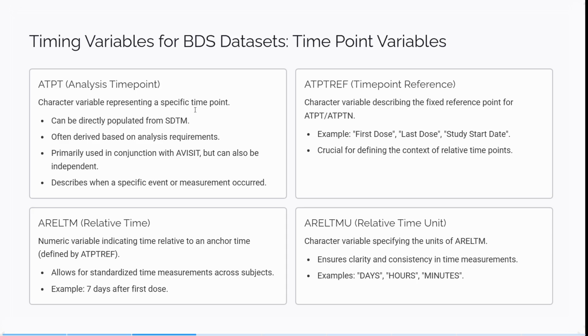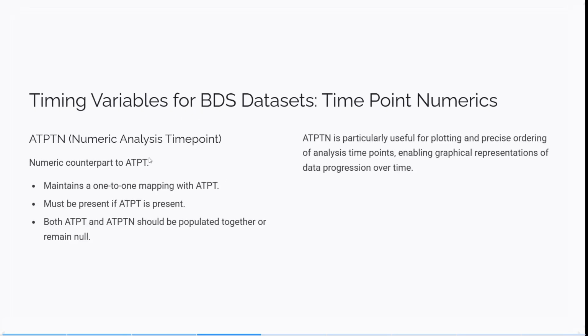Okay, so defining ATPTN, the numeric analysis time point: values that represent the planned time points, minutes or hours after dose, can facilitate plotting. There must be a one-to-one relationship between ATPTN and ATPT.